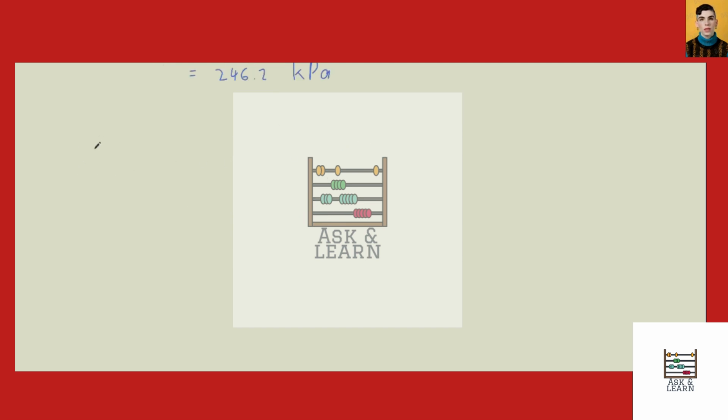Now we can use the other relation that P1 V1 over T1 must equal P2 V2 over T2. Now that we have the pressure, we can calculate the final temperature. If we rearrange this equation, we see that the final temperature T2 is equal to P2 V2 over P1 V1 times initial temperature T1.